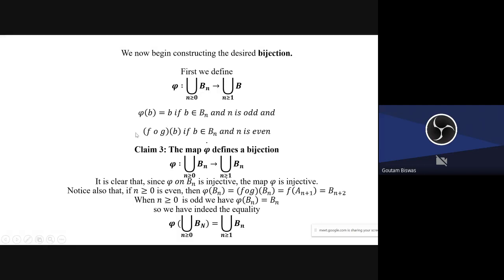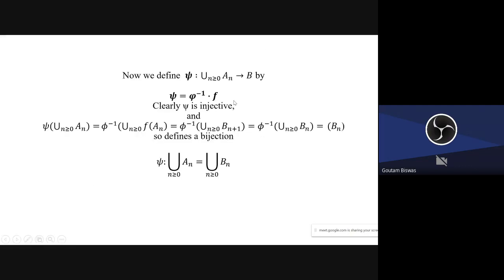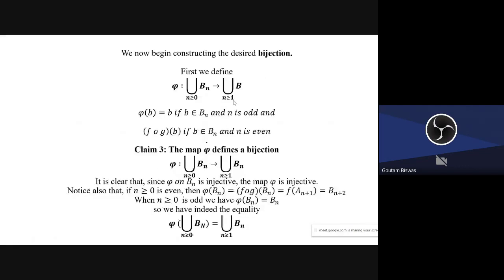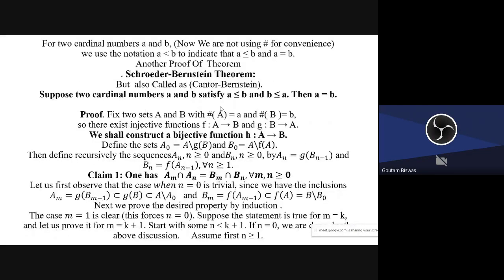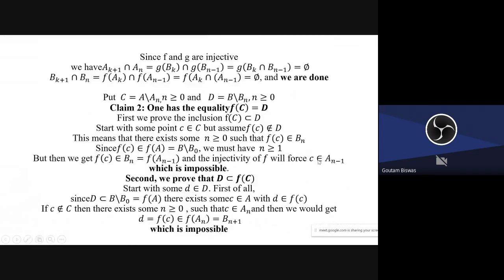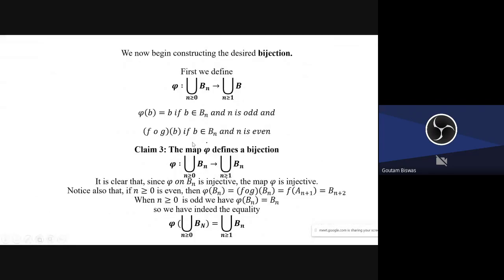There is composition of f and g if B belongs to Bn, but if it is there in 2, 4, and so on, it starts from 0 and it goes to n. This is because the function has been defined like this. Here, you see. So always remember that one.